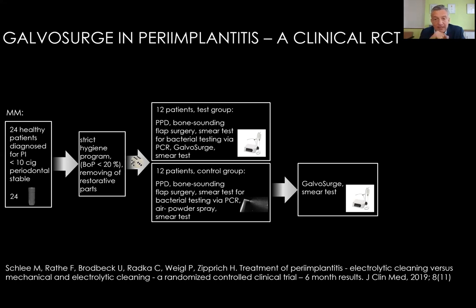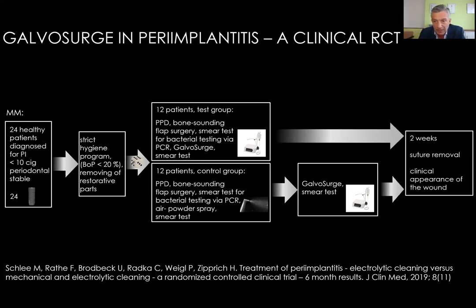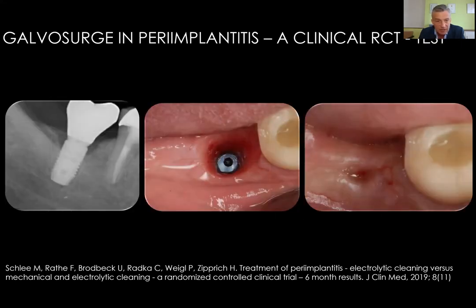And then, is it from additional benefit if we use the electrolytic approach plus a classical air powder spray? After 2 weeks, we removed sutures, and after 6 weeks, we reopened the sites, and I'll share some case with you. This is the patient with a moderate periimplantitis.